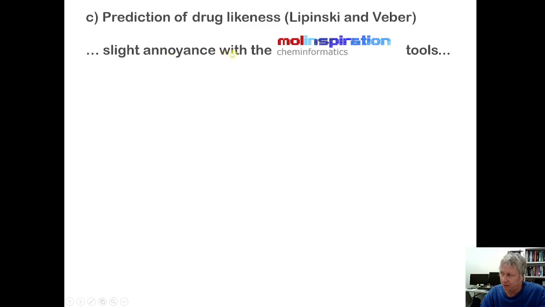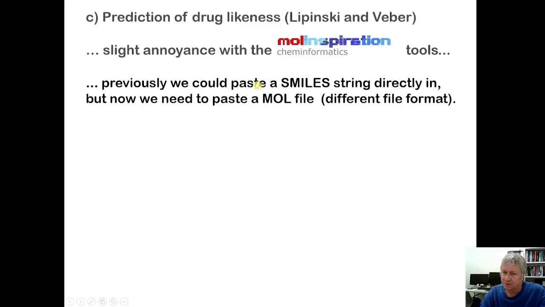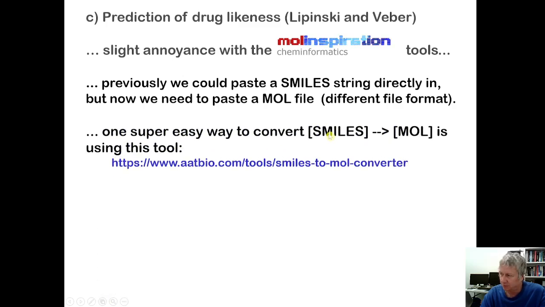There's a slight annoyance with this tool though, and it used to not be this way, but we can't directly go from smiles to generate these parameters. So we have to do it a little indirectly. We have to go from smiles to something called a mole file, and then we can do that. It's just another step, and we'll do it. We'll practice it. So let's see what I'm talking about.